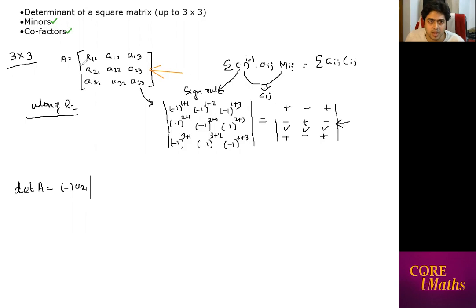Its minor is found by omitting this row and this column, and we get A12, A13, A32, and A33.